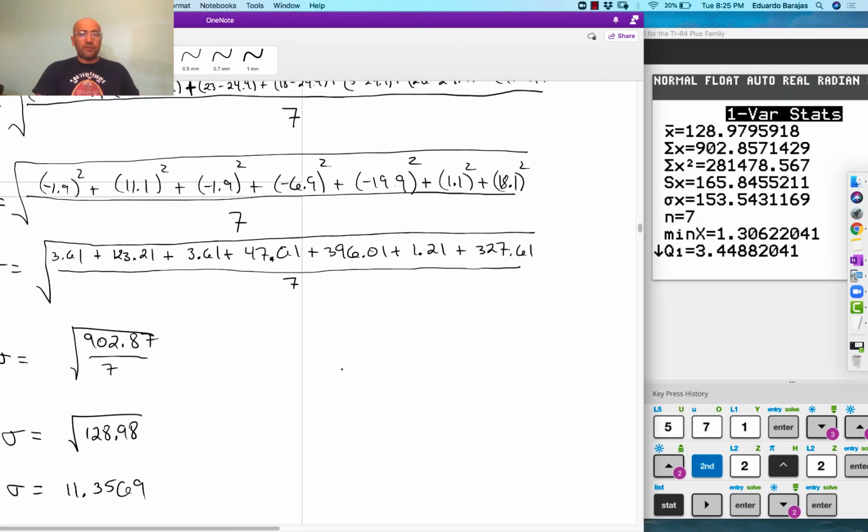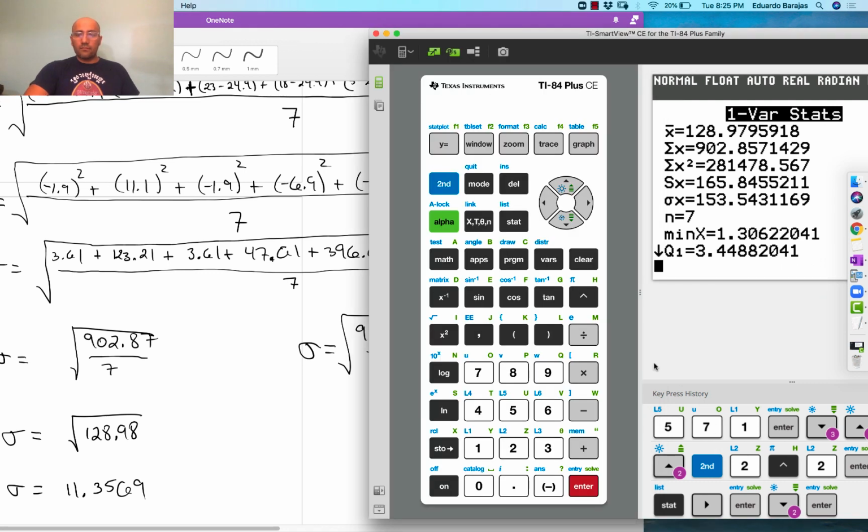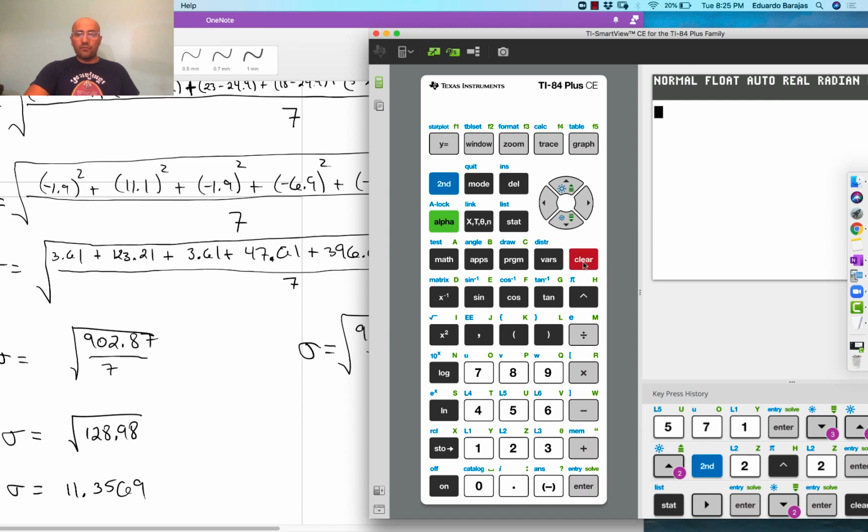New and improved sigma calculation: sigma is equal to 902.8571429. We want to take that and divide it by 7, and then we want to take the square root of that. Okay, so clear this.